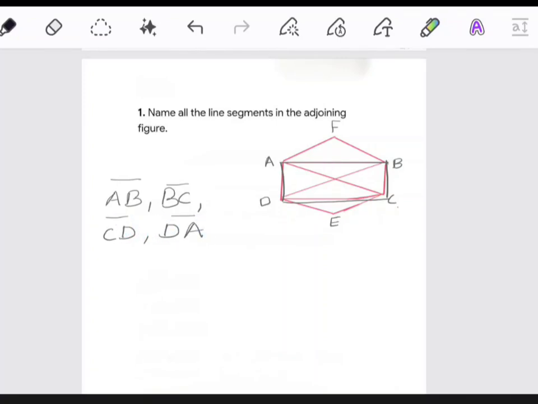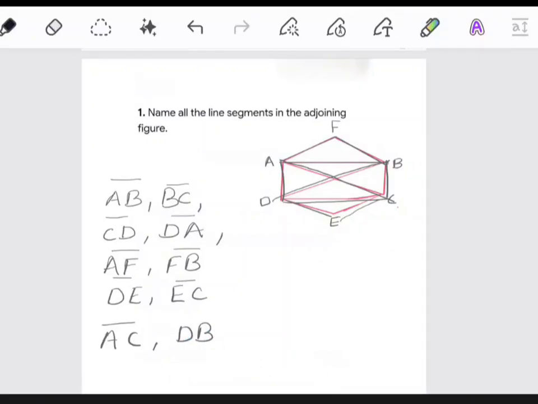Then AF, FB, DE and EC. Next, the diagonals AC and DB.